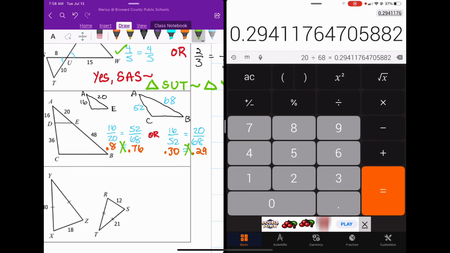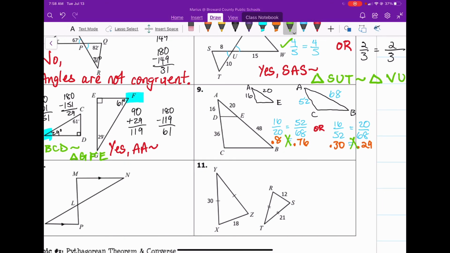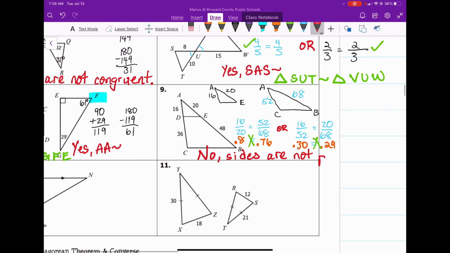So it can be said that for number 9, no sides are proportional. Let's say it like that. Sides are not proportional. So they're not similar. Okay.